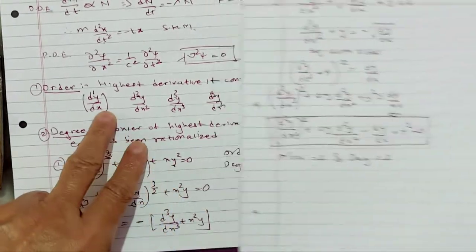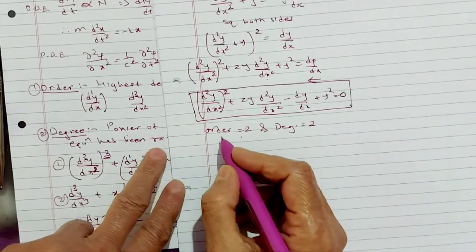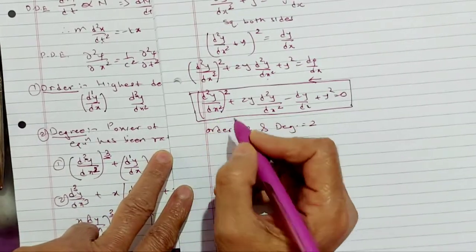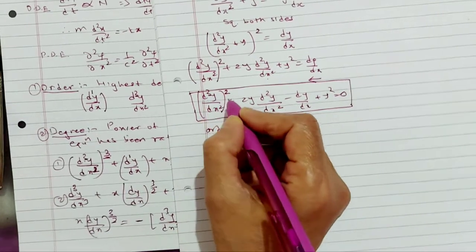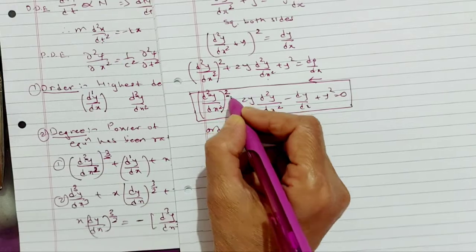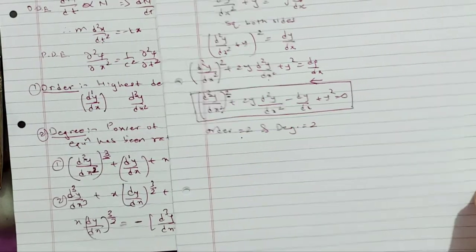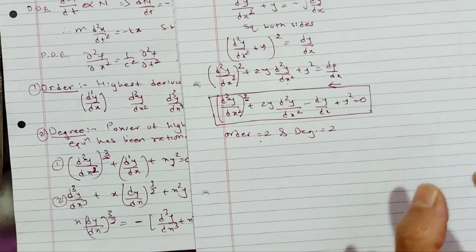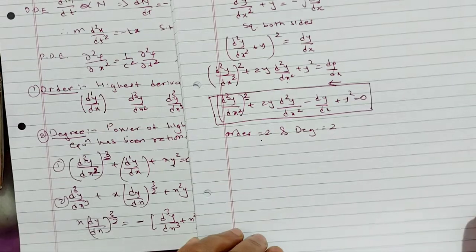Order is the highest derivative it contains; in this case, the highest derivative is this. As far as degree is concerned, this is my degree and this is my order. So we have completed one problem, getting the value of both order and degree.